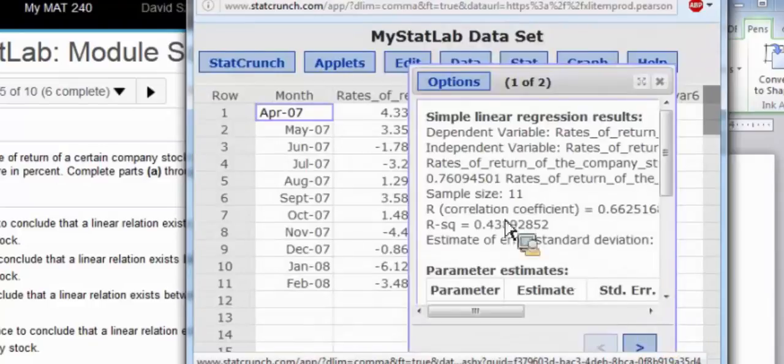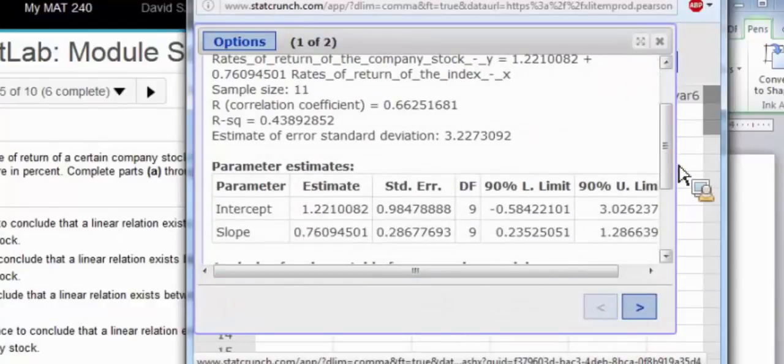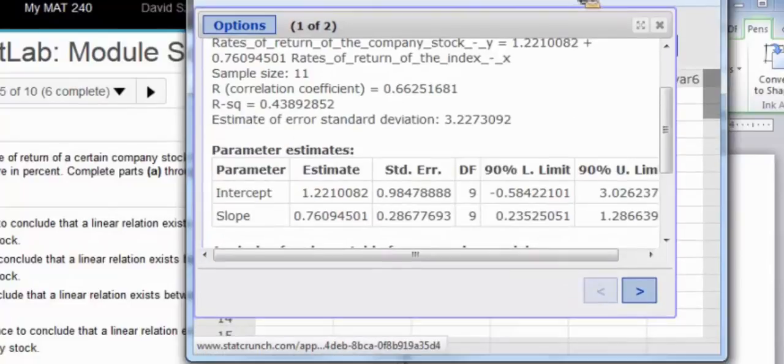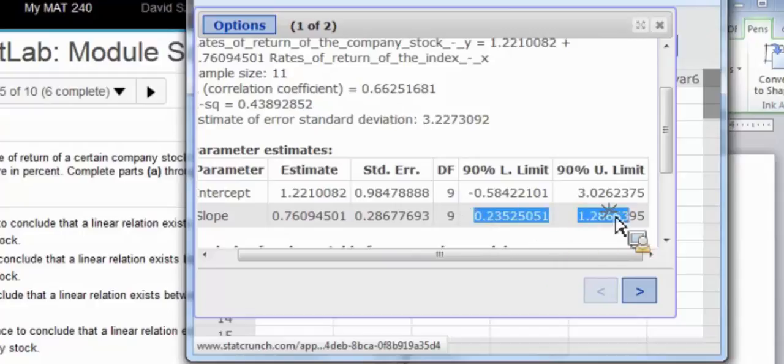Compute. And now instead of a hypothesis test, we have confidence limits. So for the slope, here's the lower bound, here's the upper bound. Now, are you surprised that 0 is not within the confidence interval? Well, you should not be surprised, right?